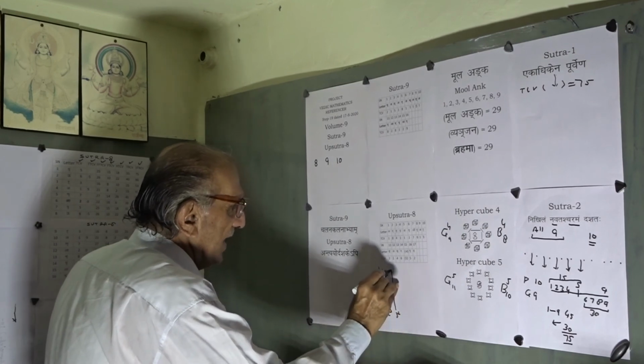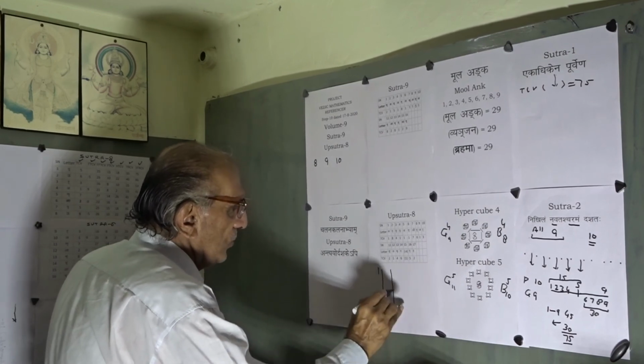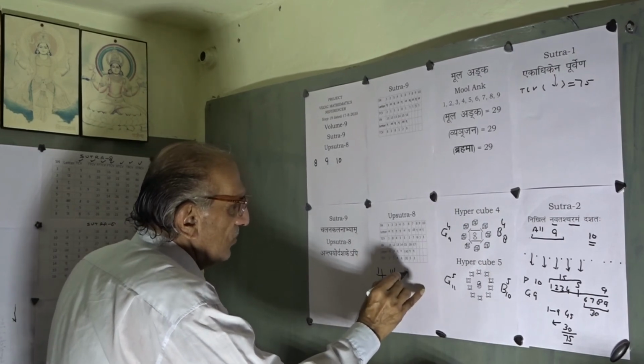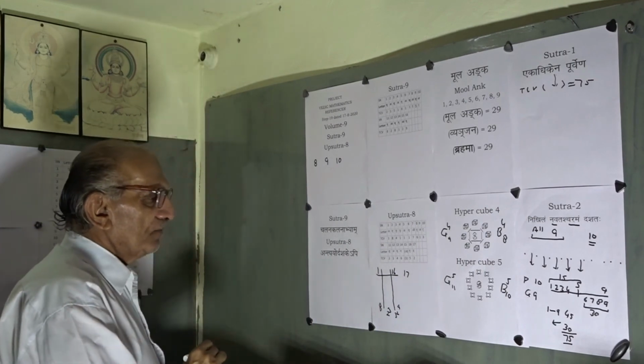It will take us back from 9 to 16. See, the summation value is going to be 17 here.